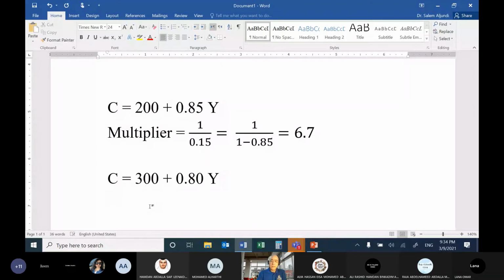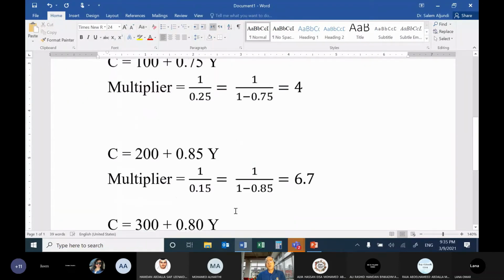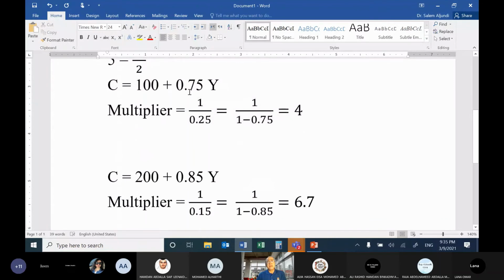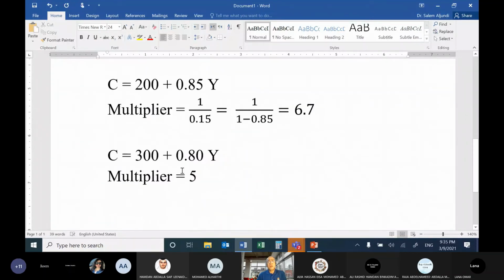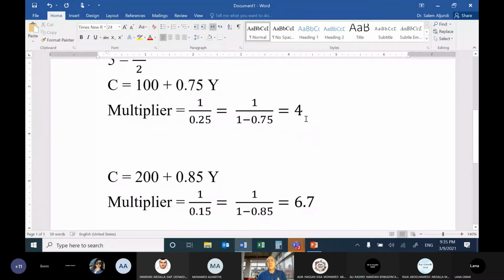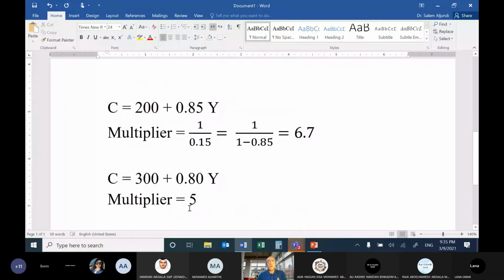The multiplier equals 5. So as the marginal propensity to consume increases from 0.75 to 0.80 to 0.85, the multiplier will increase from 4 to 5 to 6.7.